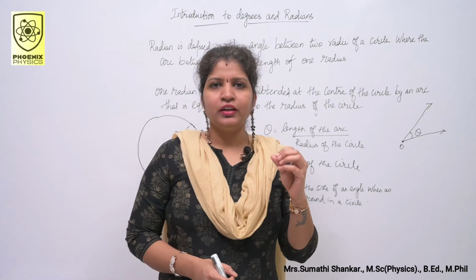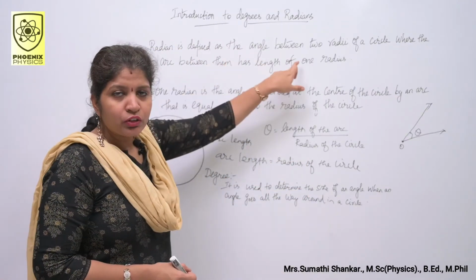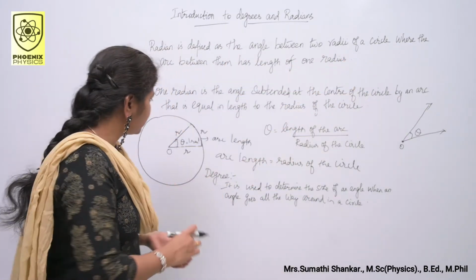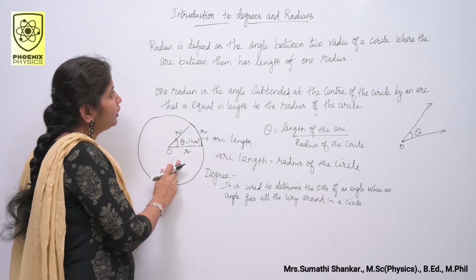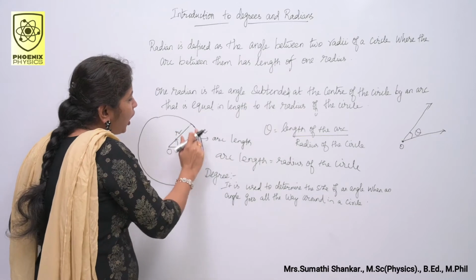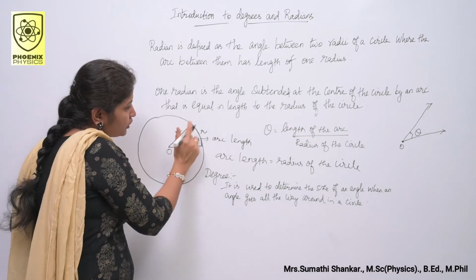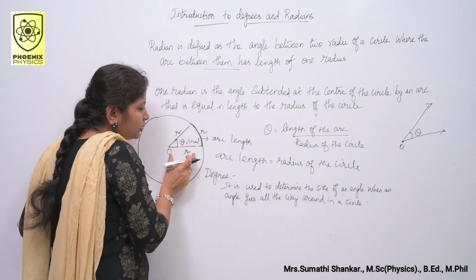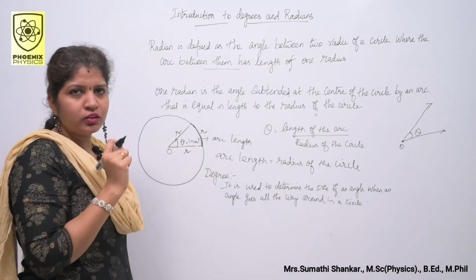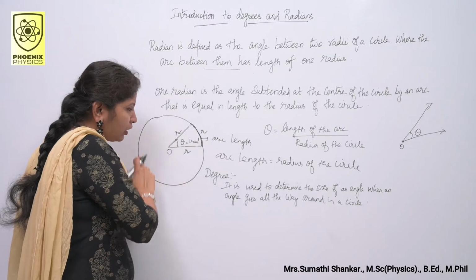Radian is defined as the angle between two radii of the circle where the arc between them has length of one radius. What is the meaning? This is our circle.